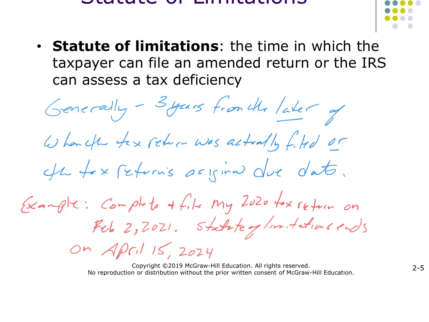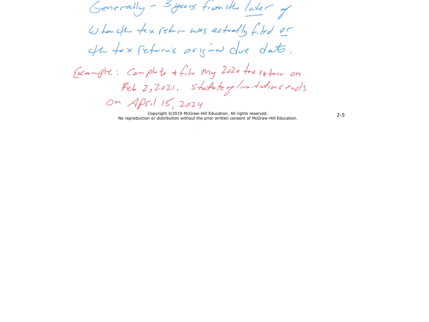All right. And so we're back on our statute of limitations slide. And the reason I'm going back is because we did not talk about statute of limitations for other situations. So let's say that the IRS is asserting fraud.